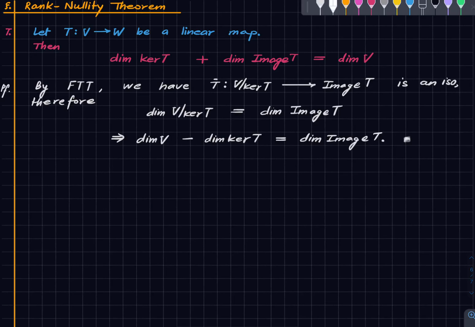Okay, so that is the proof of the rank-nullity theorem. This thing is called the nullity of T, this number, and this is called the rank of T, which is why this is called the rank-nullity theorem.